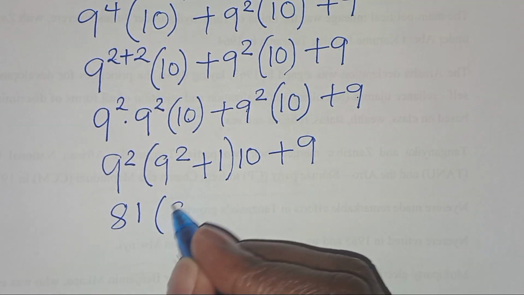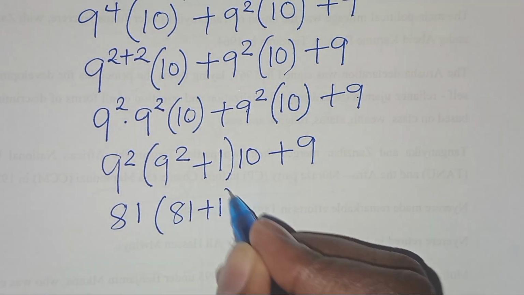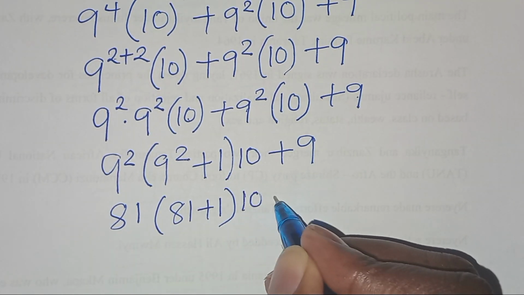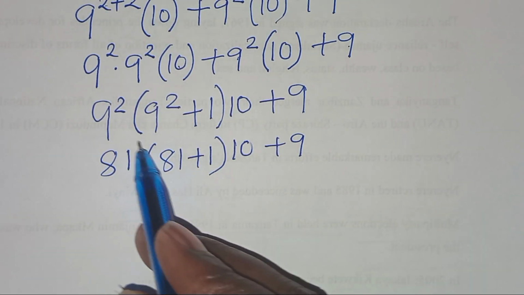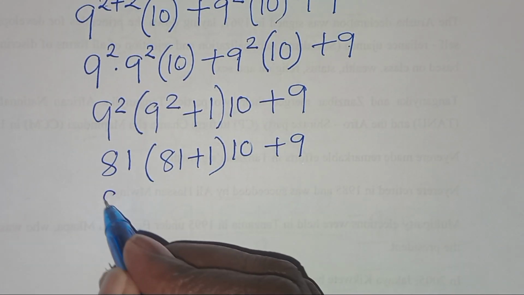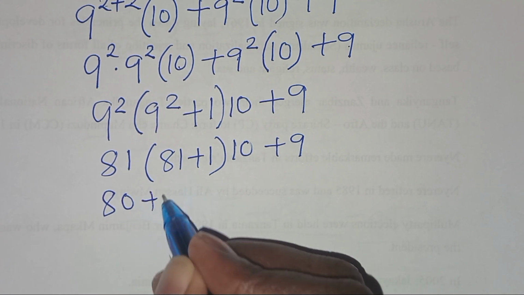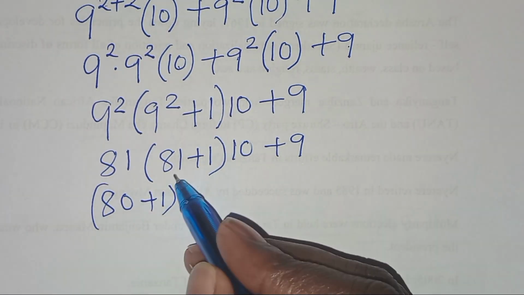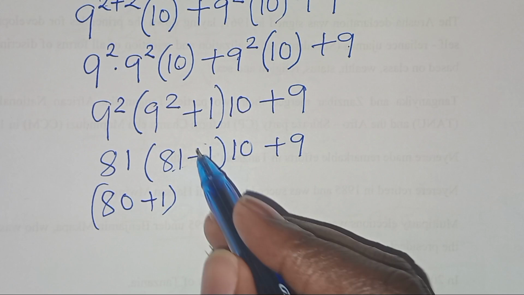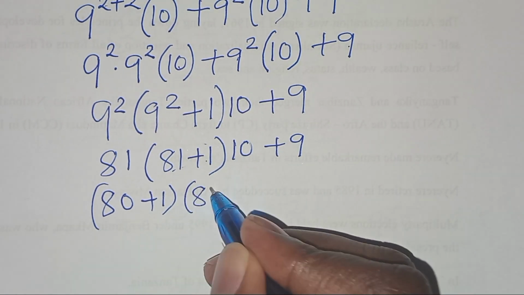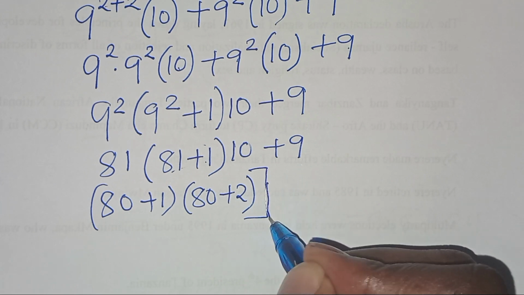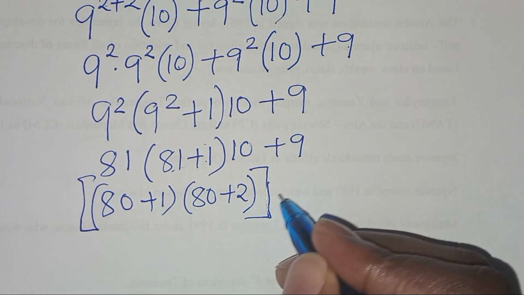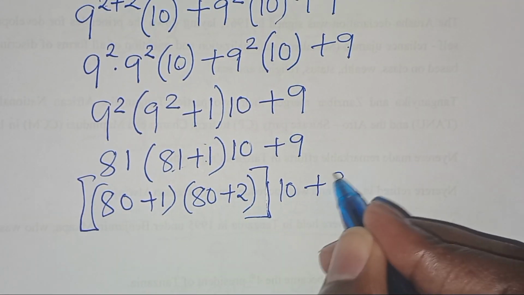Then 9 squared, this is 81 plus 1, multiplied by 10, then plus 9. So we can express 81 as the same thing as 80 plus 1. 81 plus 1 is 82, so this is the same thing as 80 plus 2. Then all this multiplied by 10, then plus 9.